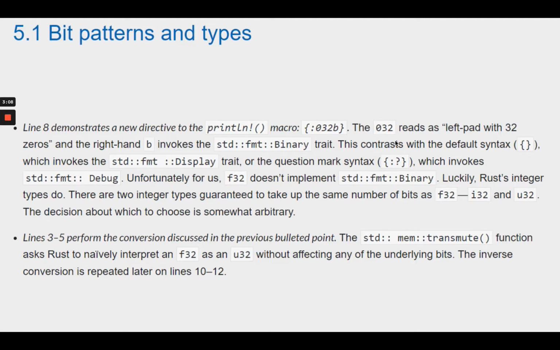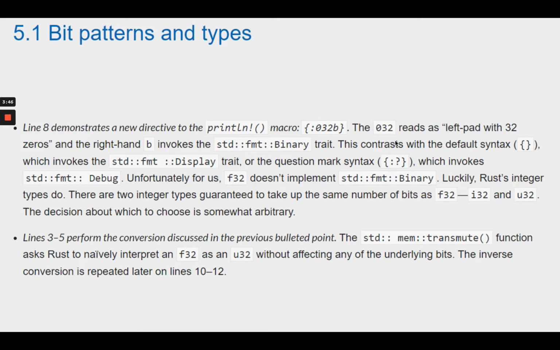Line 8 demonstrates a new directive to the println! macro, :032b within curly braces. The 032 reads as left pad with 32 zeros, and the right-hand B invokes the std::fmt::Binary trait. This contrasts with the default syntax of open-close curly braces, which invokes the std::fmt::Display trait, or the question mark syntax, :? within curly braces, which invokes std::fmt::Debug.